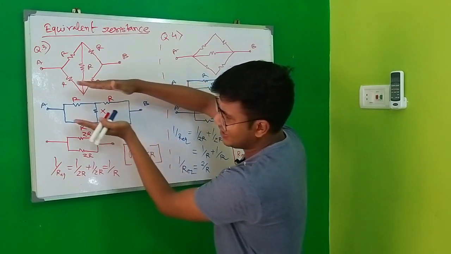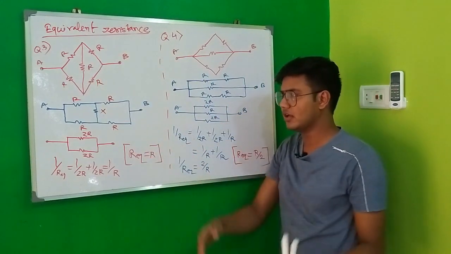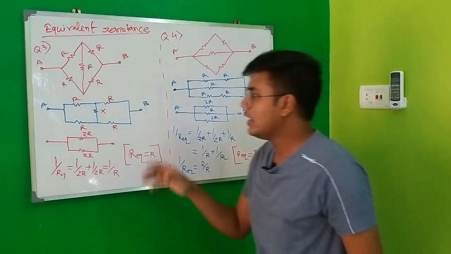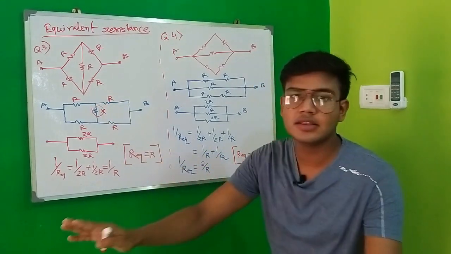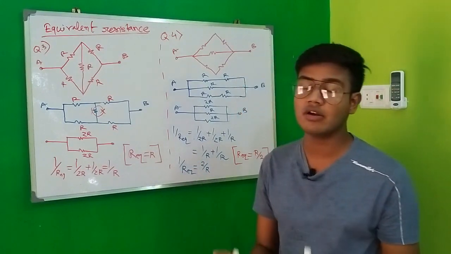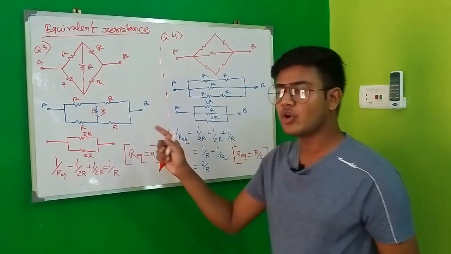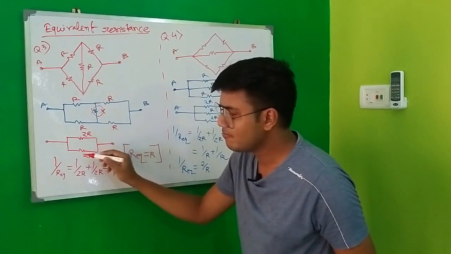So they pass directly from A to B or B to A, whichever you connect as the battery. So in this case, this part is doing nothing. We will not take or calculate this part, so after avoiding that part you will get a simple circuit.